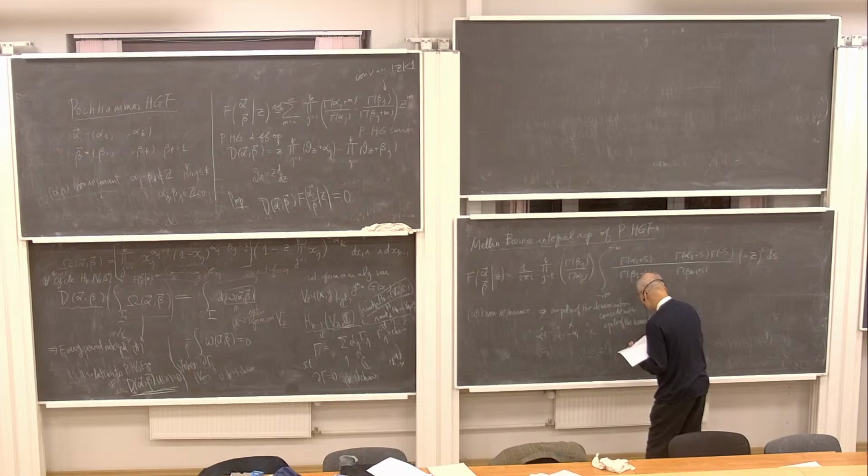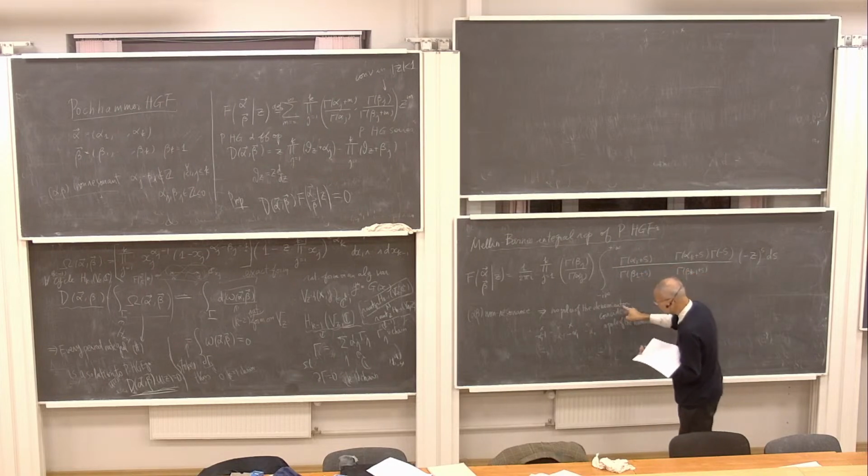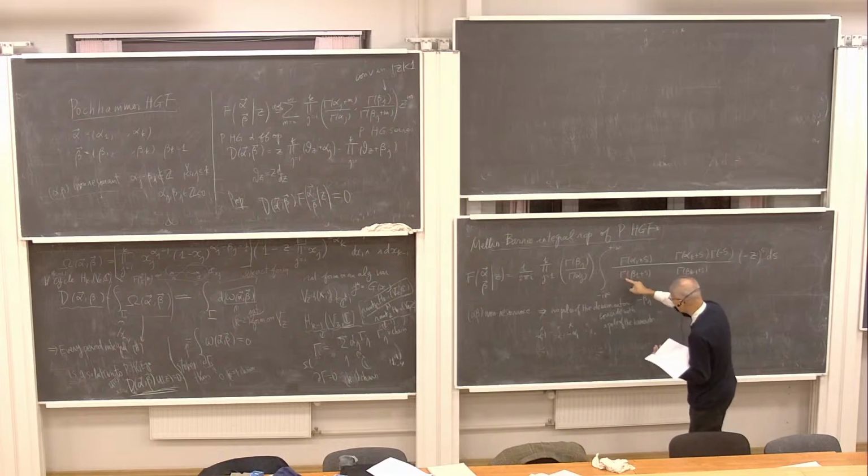In fact, yes. So the poles of the denominator, that is, alpha minus beta j plus negative integers, isn't it? The denominator itself.